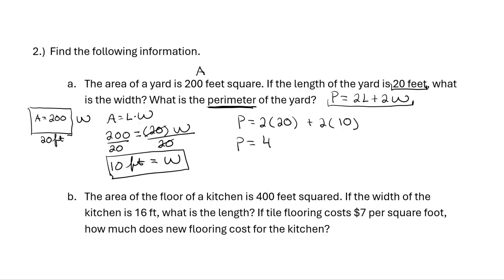So P equals 40 plus 20. P equals 60. And again, there's no multiplying. You're not multiplying the sides together. So it is a singular unit. So the perimeter is 60 feet.